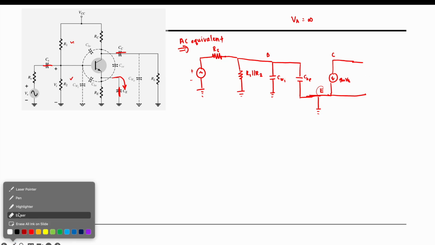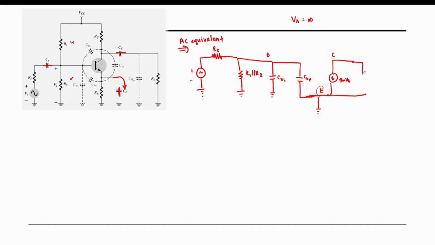Let me draw the proper one. Okay, we have CCE, and then RC. Next we have CWO, and then RL. Alright, so this is how it's going to look.